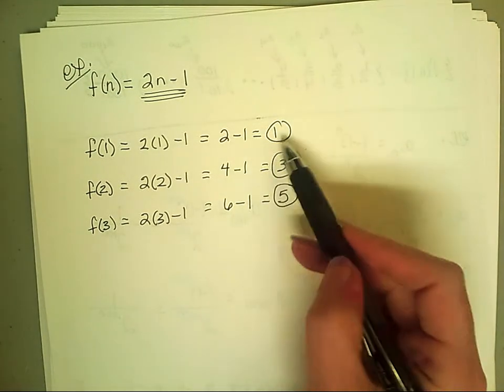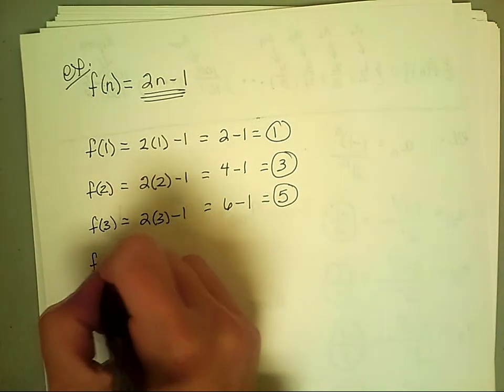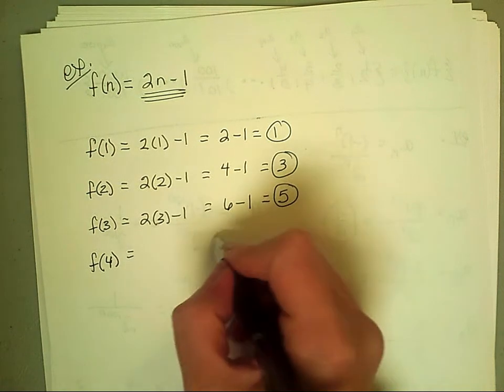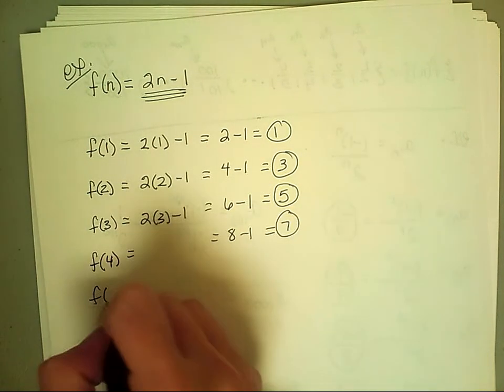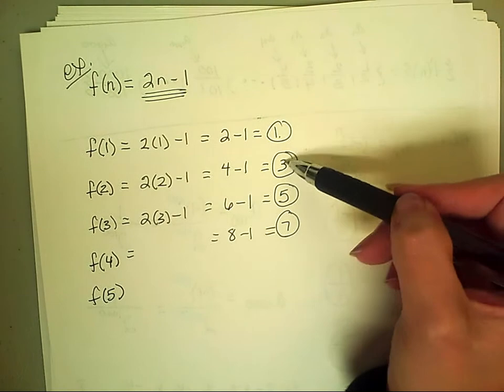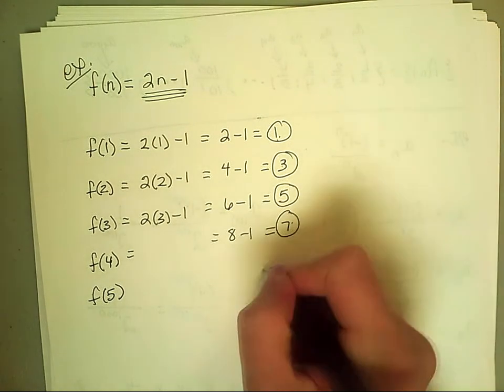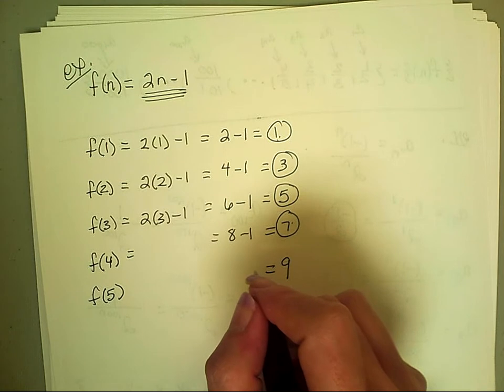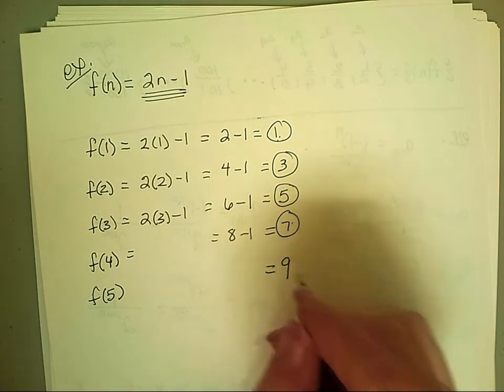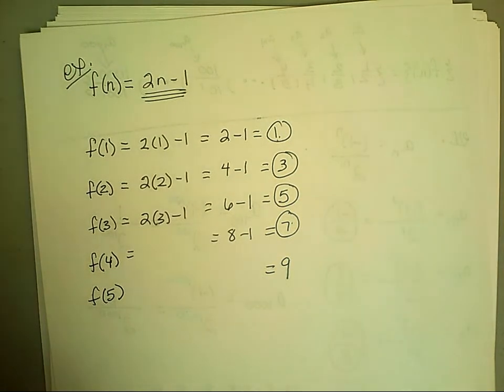And I hope we can see what's happening here. F of 4 then, well, that's going to be 8 minus 1, which is equal to 7. F of 5, and I hope we can see the pattern here, 1, 3, 5, 7. F of 5 is 9. So this is the set of odd numbers.